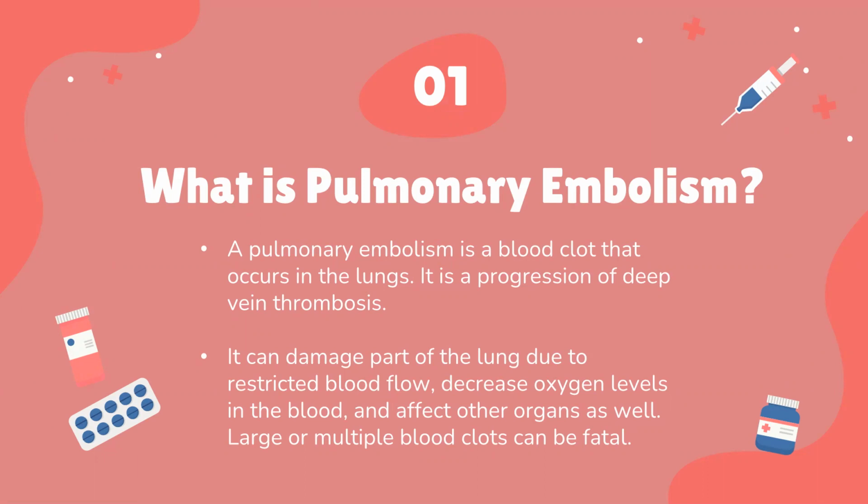And like I have said, it is a progression of deep vein thrombosis, meaning the emboli can detach itself from the deep veins and obstruct the lining of the lungs. Basically, it causes damage to the parts of the lungs that it's obstructing, and it can cause restricted blood flow, decrease in oxygen levels, and it can affect other organs as well, as lungs are supplying blood to various parts of the body.